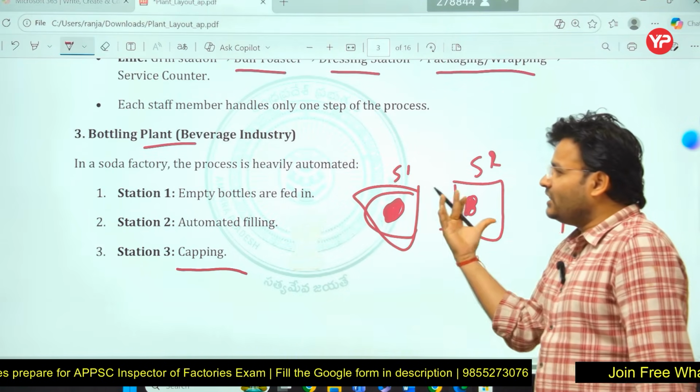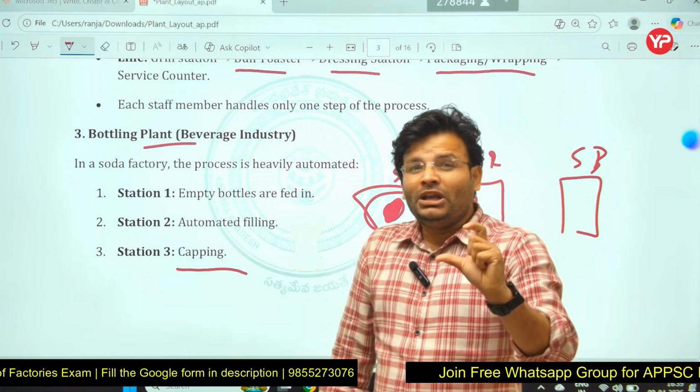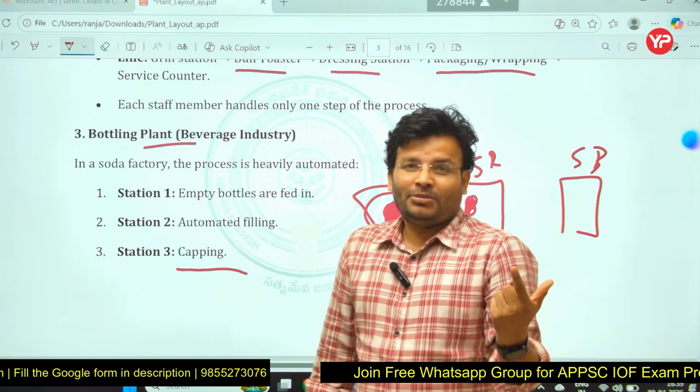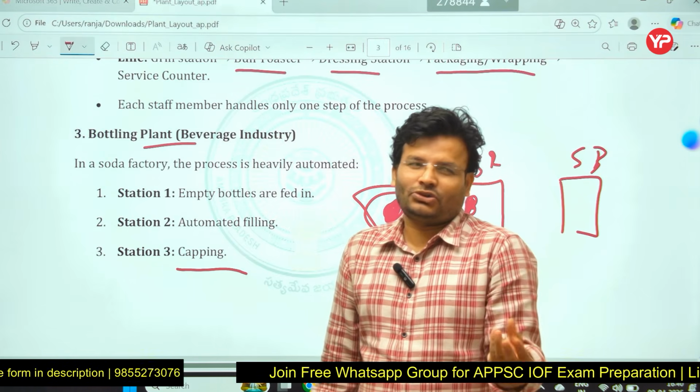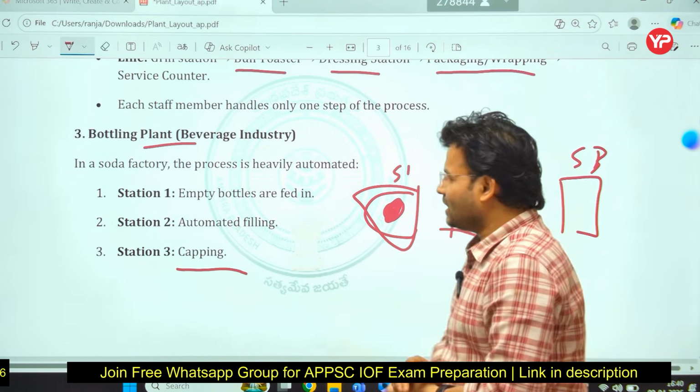It is called line because the operations happen in a line. One exam asked which type of plant layout Coca-Cola works on. Obviously Coca-Cola, Bisleri, all of them work on line layout.